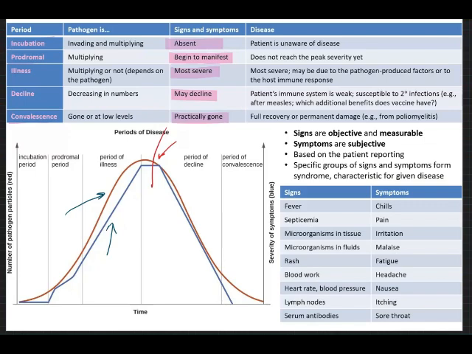Okay. Now, we characterize the disease based on the signs and symptoms. So what is the difference between the two? Well, it turns out signs are objective, symptoms are subjective. So you are a bunch of physicians, I'm your patient, and I tell you that my tummy hurts. Sign or symptom?